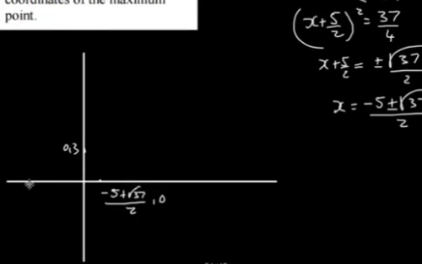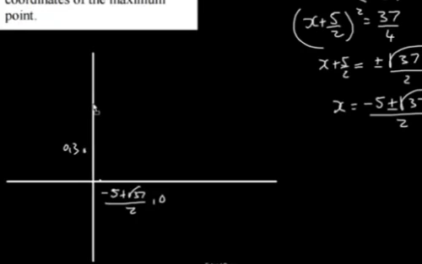The other one is going to be somewhere not massively, but let's just move that and move that. Let's make this look a bit more realistic. So let's put that there, that's going to be the negative 5 minus the root of 37 over 2, 0.